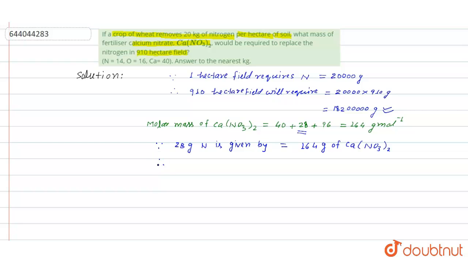Hence, for a 910 hectare field, how much nitrogen is required? 18,2000 gram.